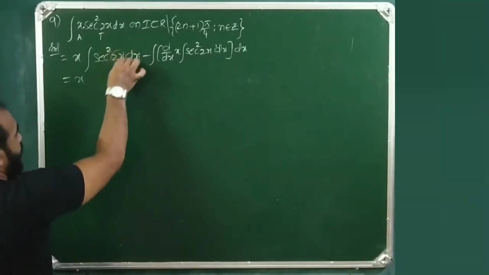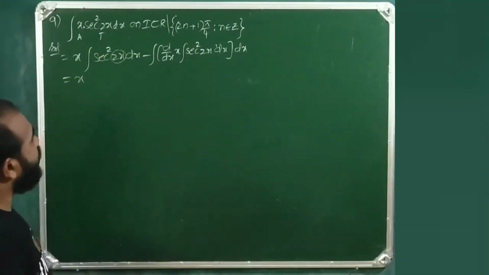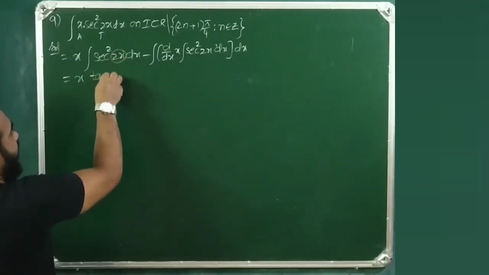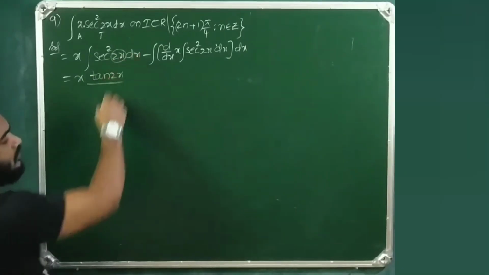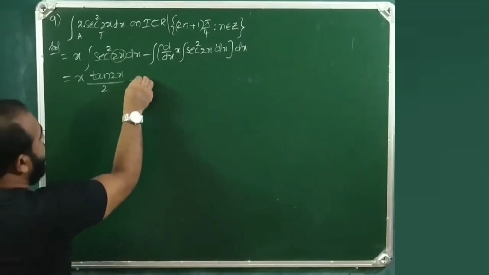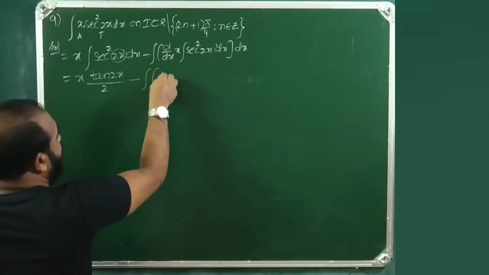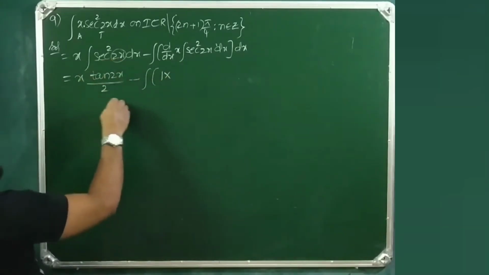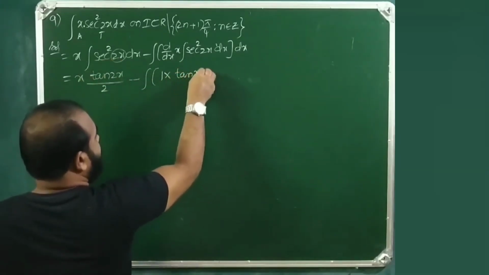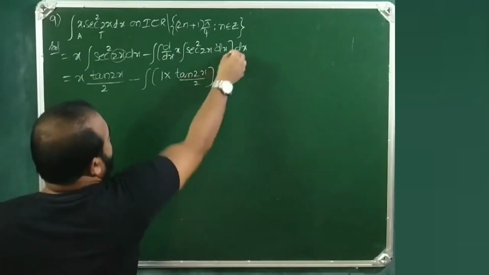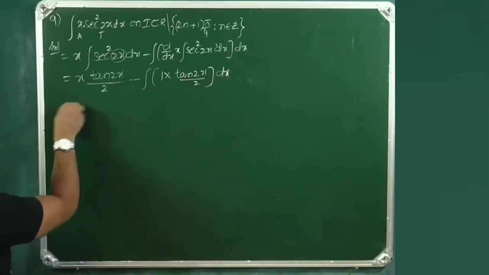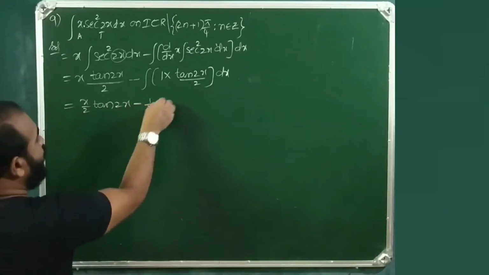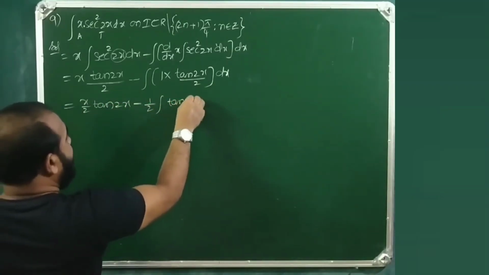So this is x into integral secant square 2x dx. We know integral secant square x dx is tan x, so here it is tan 2x divided by d by dx of 2x, which is 2. Minus d by dx of x, which is 1, into tan 2x by 2 dx. So this is x by 2 tan 2x minus 1 by 2 integral tan 2x dx.